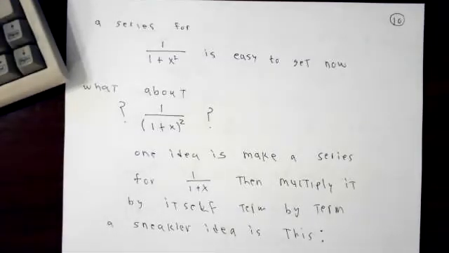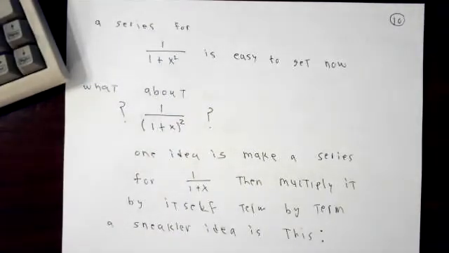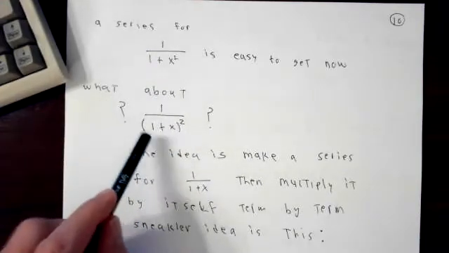Based on what we've just said, if I asked you to find a power series for this function, that would now be very easy. You would use the 1 over 1 plus something formula, with the something being x squared, and just write it out. What about this? They're not the same.